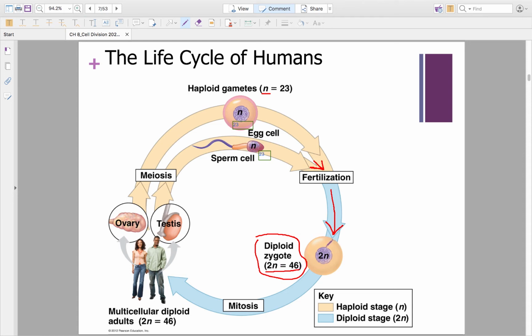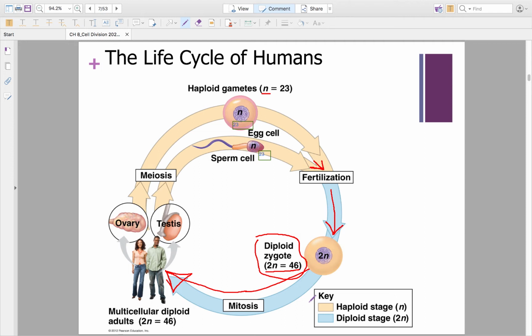So how do you go from being this little tiny single-celled zygote to a full human adult made of trillions of cells? Through mitosis. We get from here to here, for the most part, through mitosis.